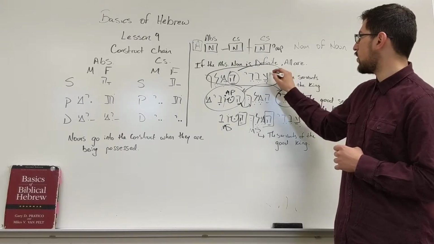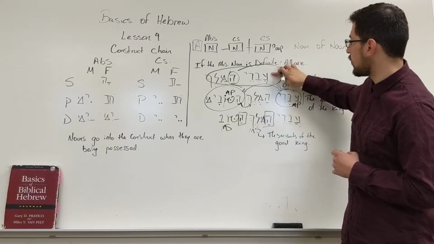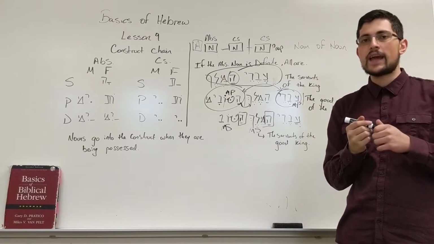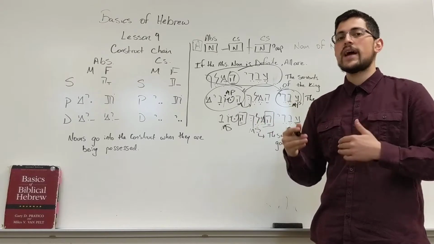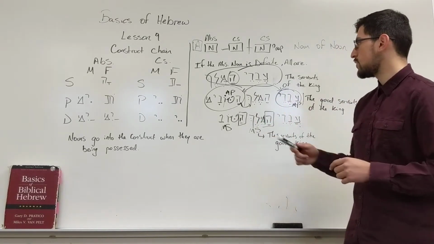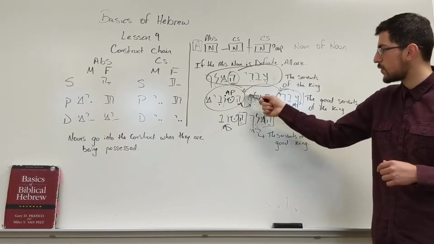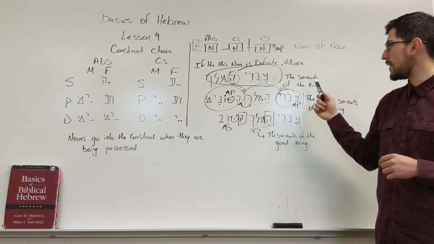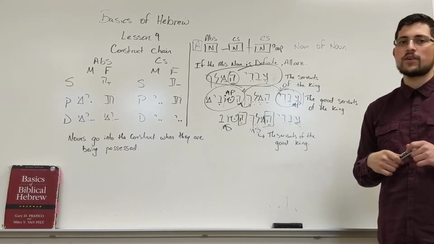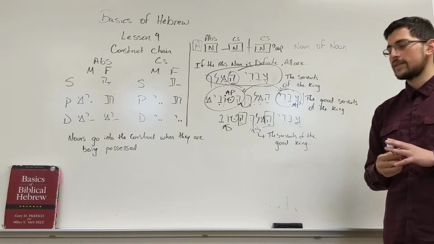So even though we don't have the article here, we still translate it as if it had it, and we give the value to that word as if it had the definite article. So that's why in here, even though this one doesn't have the definite article, because it's part of the chain, and the absolute word has the definite article, then it's as if this word had the definite article. So that's why they actually match in gender, number, and definiteness.